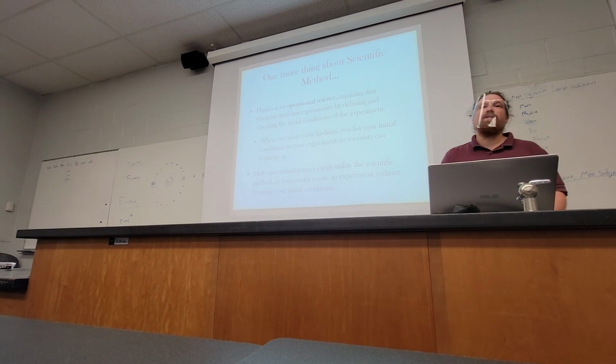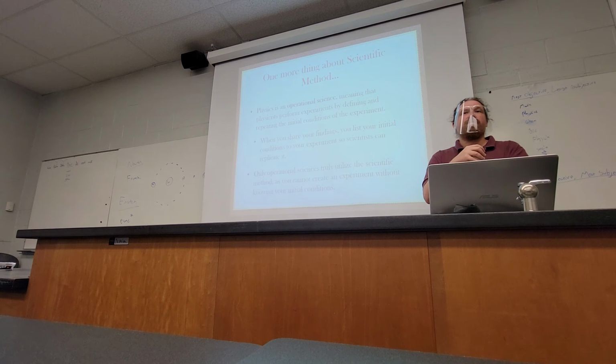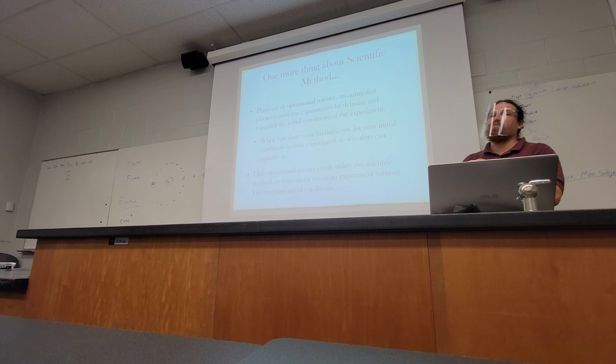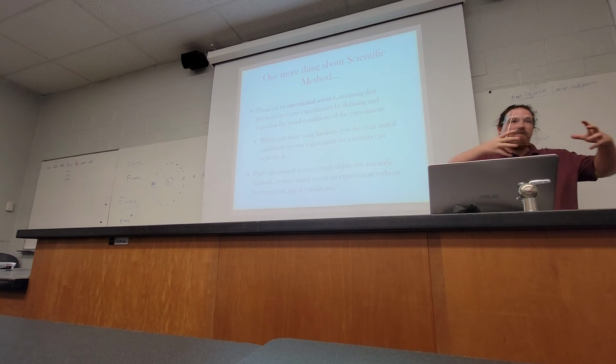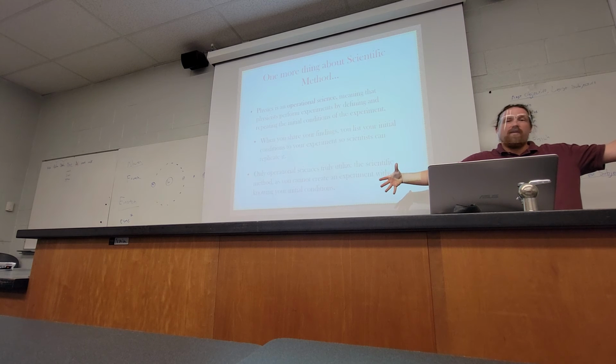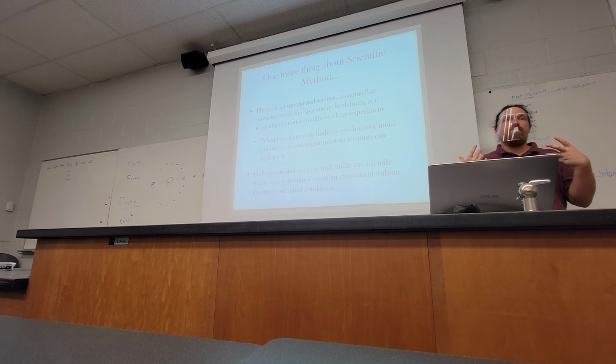In physics, we try to perform what is called operational science, which is to say we have data for every single part of the experiment, and we know the state that our test subjects were in at the beginning, in the middle, and at the end. We have data for every part of the entire thing, and therefore we can use that data to conclude about every single step of the process.